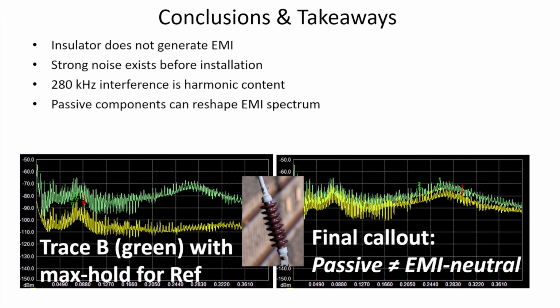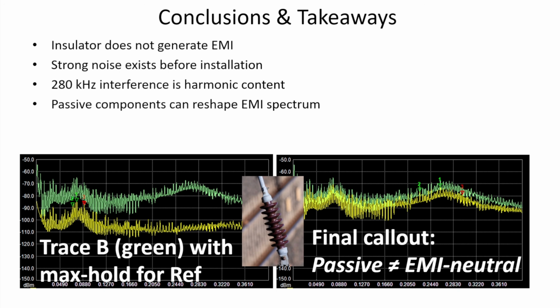To summarize, the insulator is a passive component and does not inherently generate EMI. Strong interference exists before the insulator, primarily in the 57 to 90 kHz range, centered around 75 kHz.